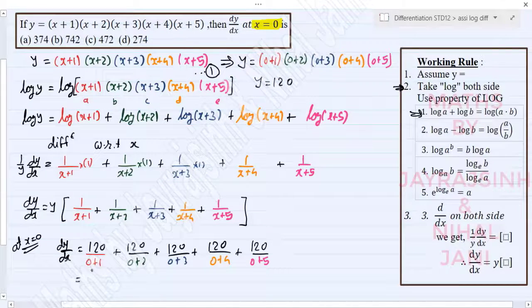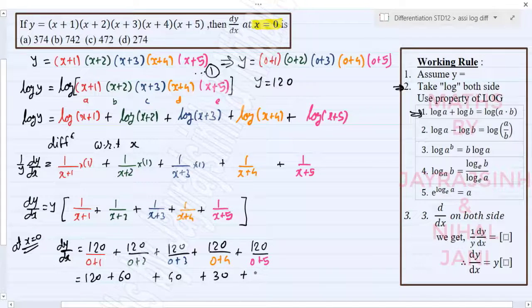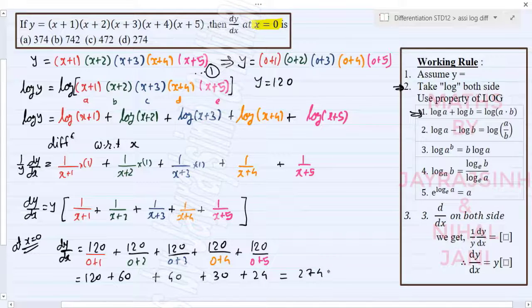In further simplification, we will get 120 plus 60 plus 40 plus 30 plus 24 is equal to 274, which is your final answer, given in option D.